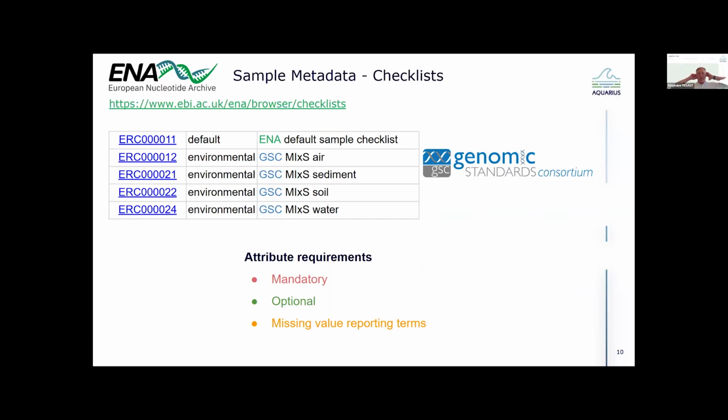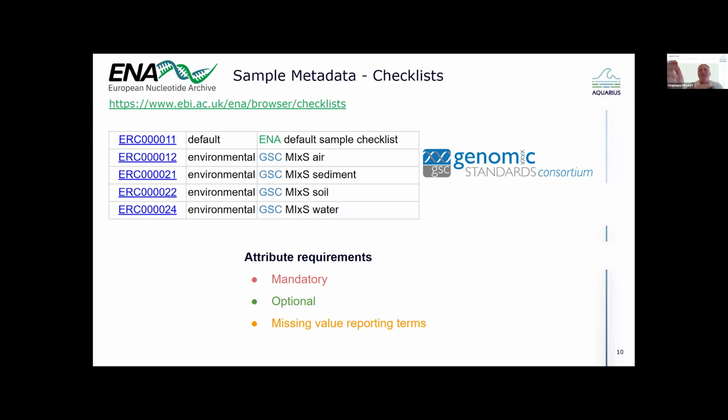At ENA, we use checklists to help. You can submit data with the default checklist, which has very little metadata requirements. But there are lots of other checklists which are richer, and that's what we suggest that you use. These are only examples from the Genomic Standards Consortium, the GSC checklists. MIxS stands for minimum information about any sequence.